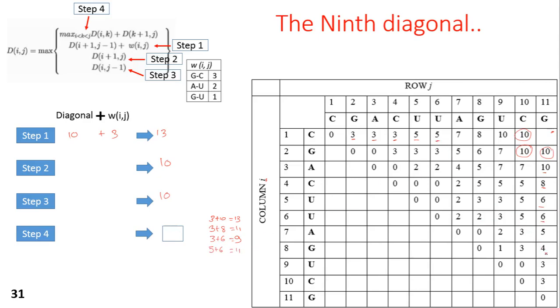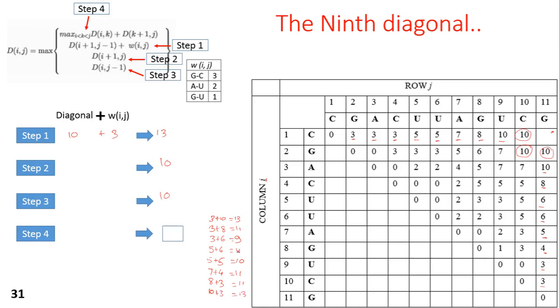Then again 5 added to 5, that would be 10. 7 added to 4, that would be 11. 8 plus 3, that would be 11, and 10 added to 3, we end up with 13.